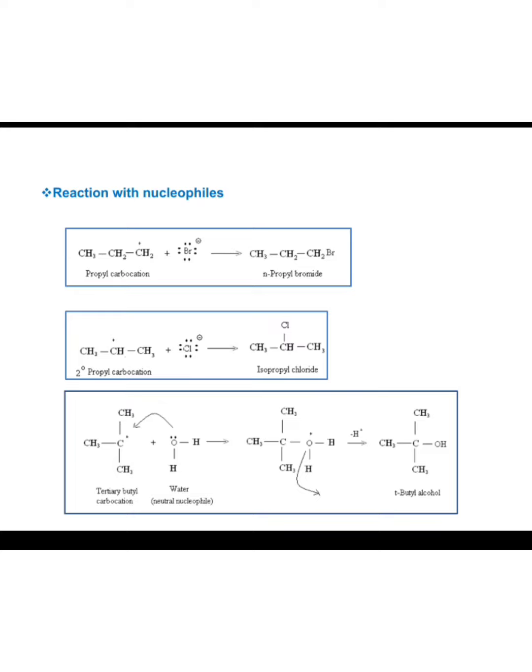And then secondary propyl cation reacts with the chloride ion to form isopropyl chloride. And then tertiary butyl carbocation reacts with water, which is a neutral nucleophile, to form an intermediate, and then after the removal of proton it gives tertiary butyl alcohol.